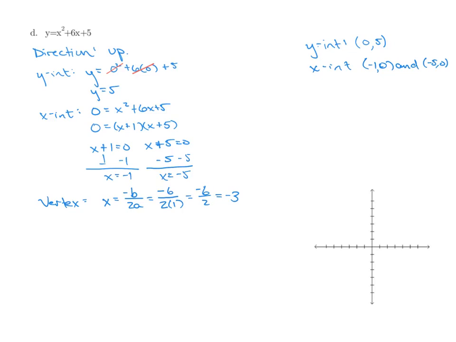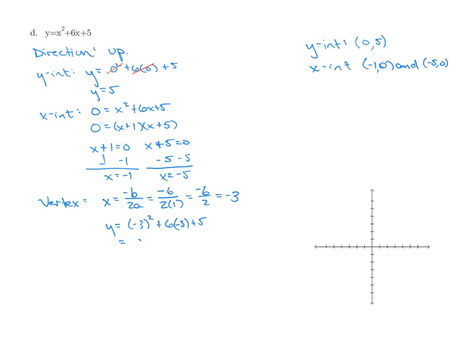So now our y coordinate. We get y equals negative 3 squared plus 6 times negative 3 plus 5.